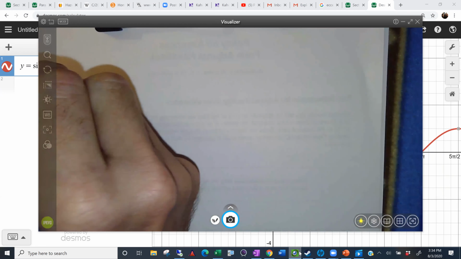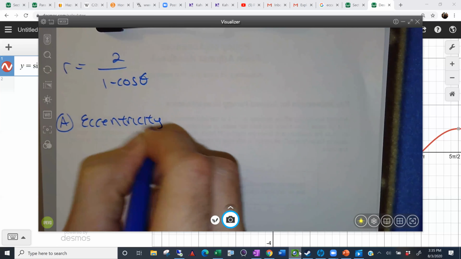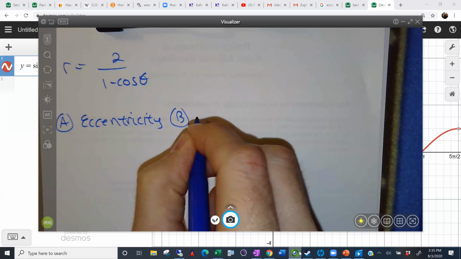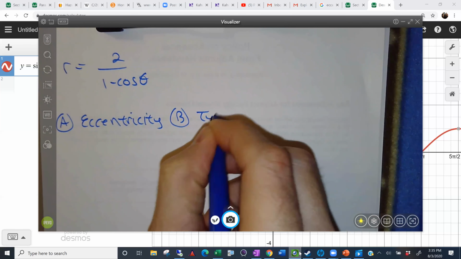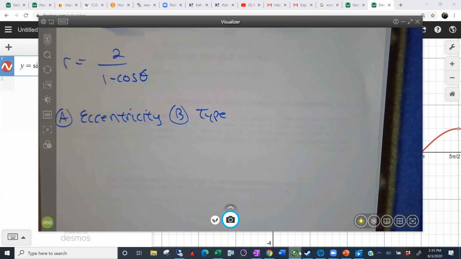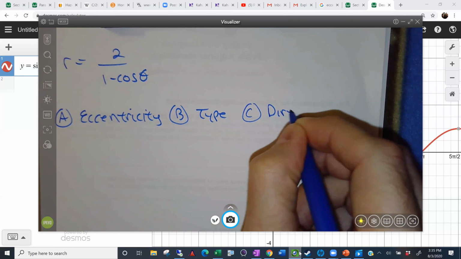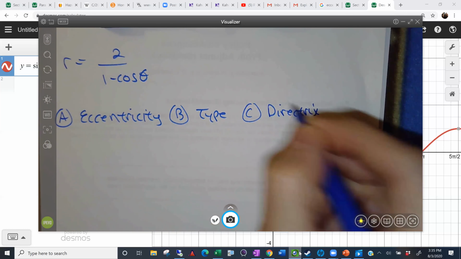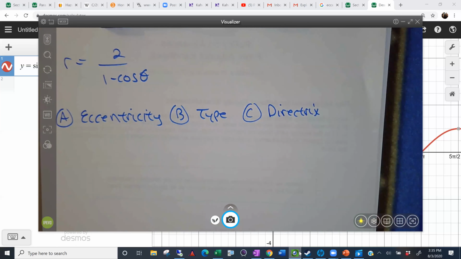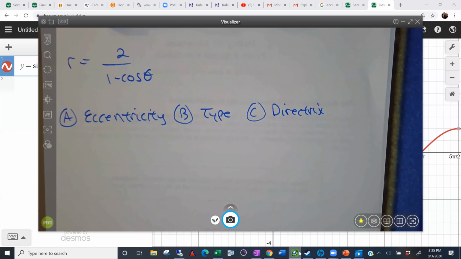Let me ask you the same questions, except in a different order: eccentricity, type, and directrix. I'm hoping that we can knock off two of these pretty quickly.